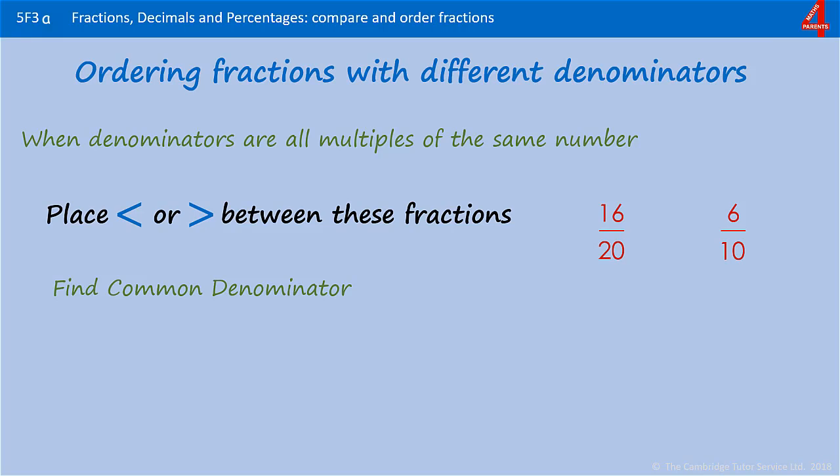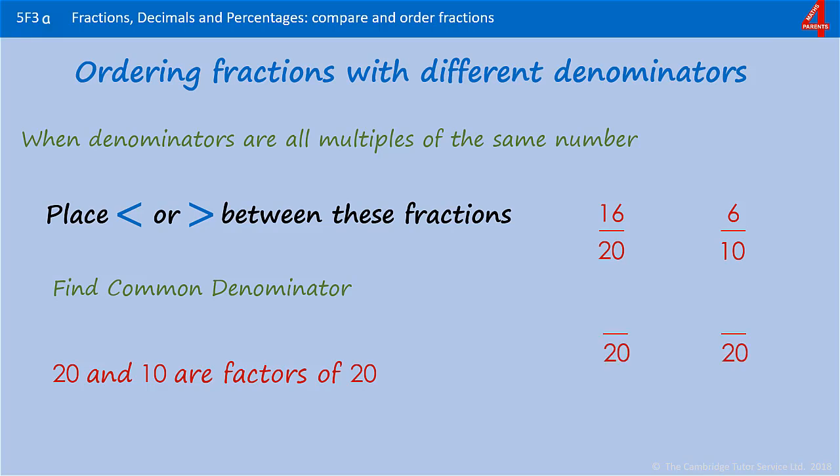If you remember from the last one, we said that both 20 and 10 are multiples of 10, and we turned the denominators into 10. This time we're going to work on the premise that 20 and 10 are both factors of 20. Therefore, we can make both the denominators 20.